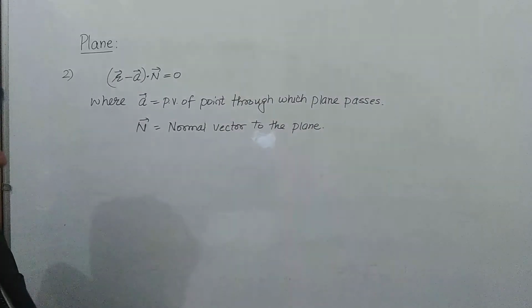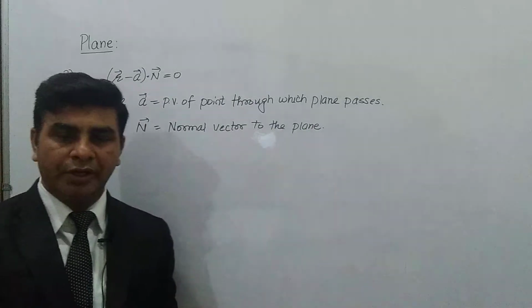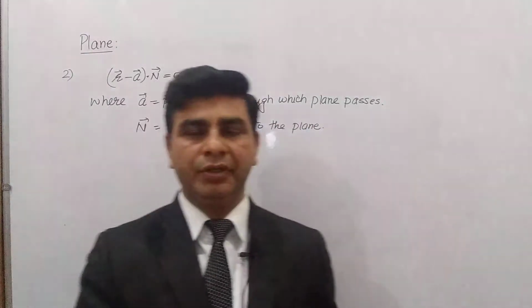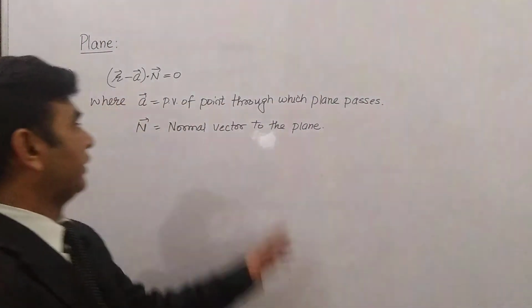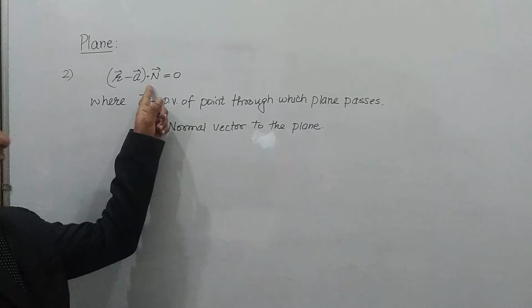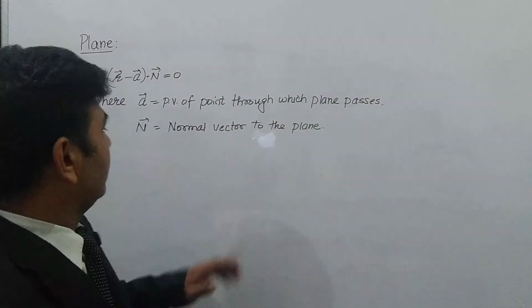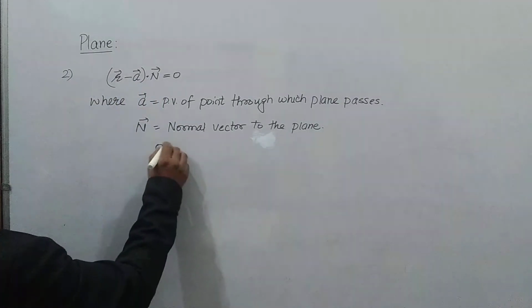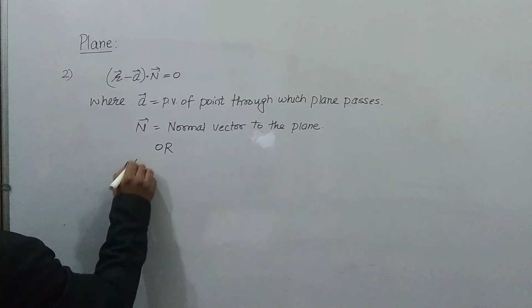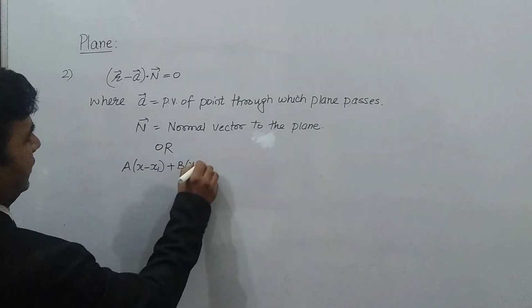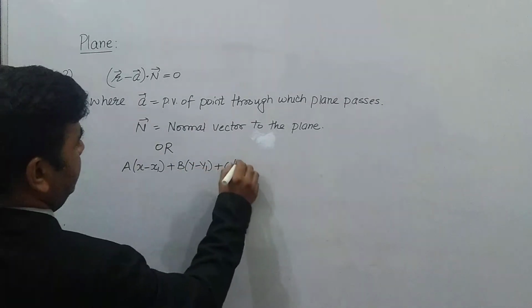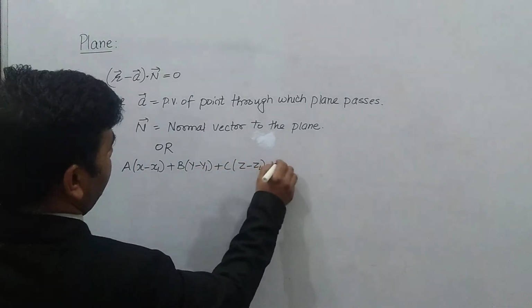So case second, whenever the point through which the plane is passing is given to you and normal vector is also given to you, that is given by vector r minus a vector dot n vector is equal to 0. And in Cartesian form, this is given by a of x minus x1 plus b of y minus y1 plus c of z minus z1 is equal to 0.